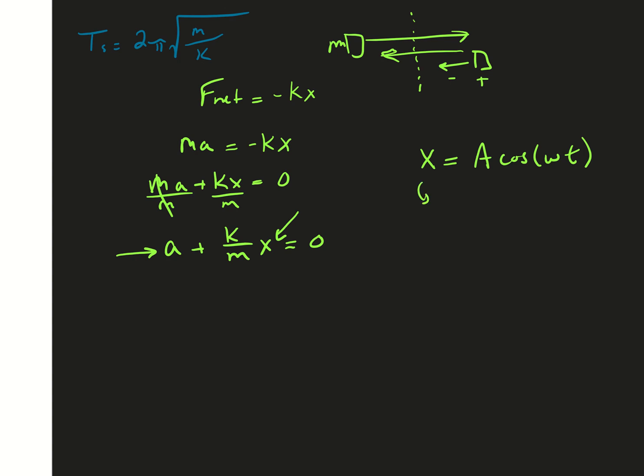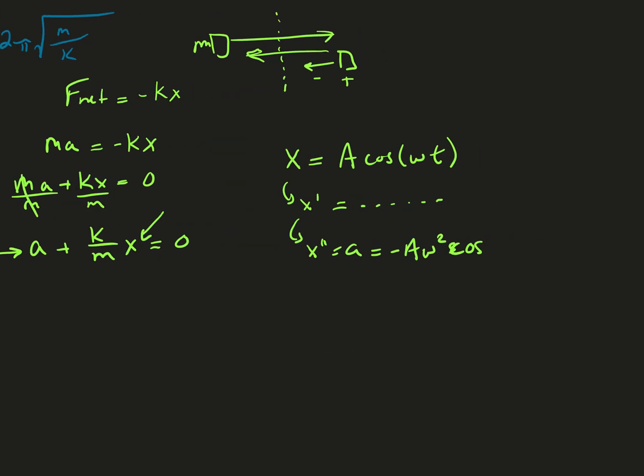If we do the second derivative, right? So x prime would be, we know, negative sine, all that fun stuff. If I do the second derivative, that would be my acceleration, which is negative A omega squared times cosine of omega t. And so we already know this. Hopefully we're comfortable proving that, right? I do expect you guys to be comfortable deriving that if need be.